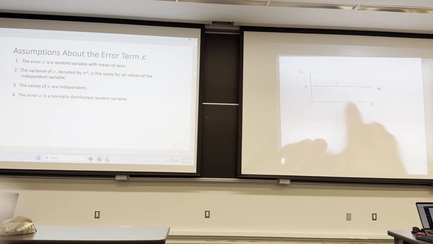So these are, let's say, if x is over here, these are the errors. If x is over here, these are the errors. So the mean of those errors is just 0. And as far as dispersion is concerned, it seems to me that it's just the same.